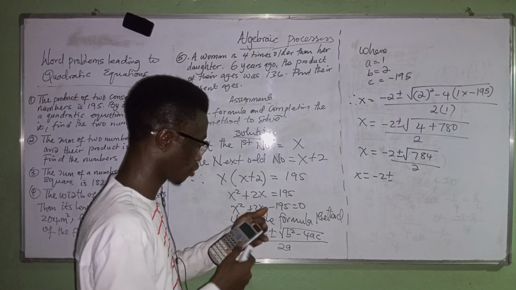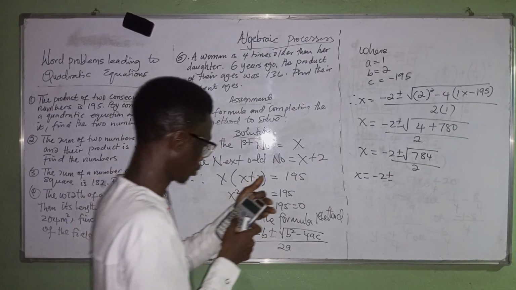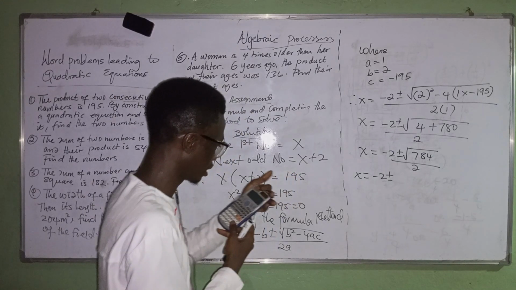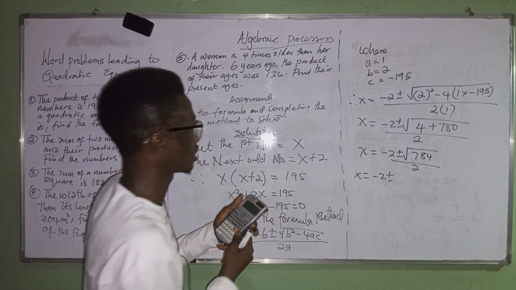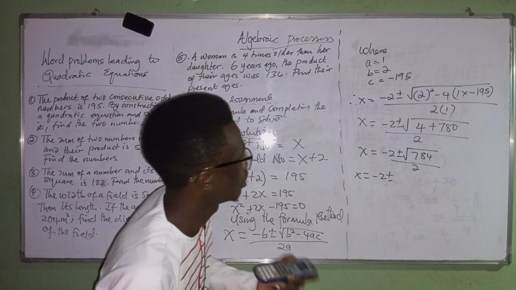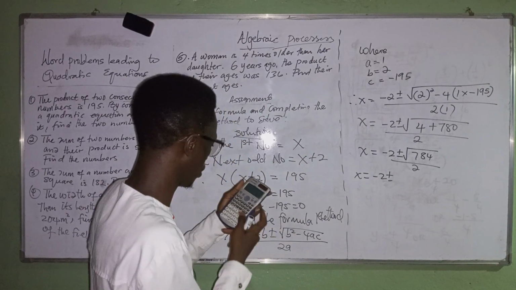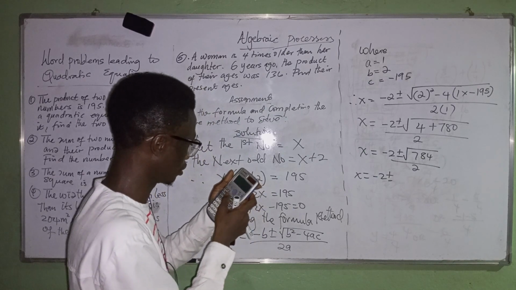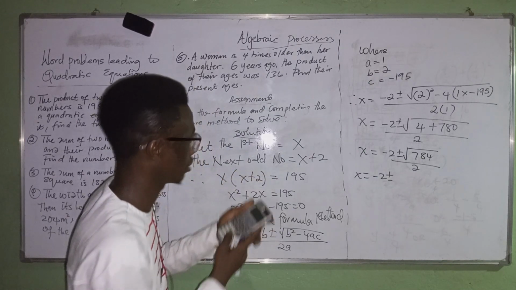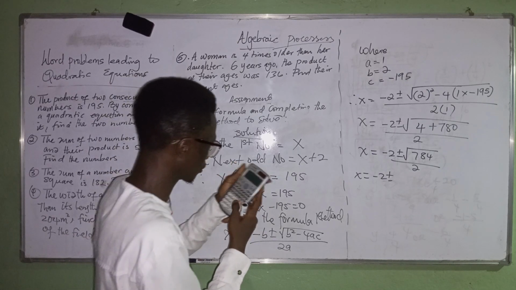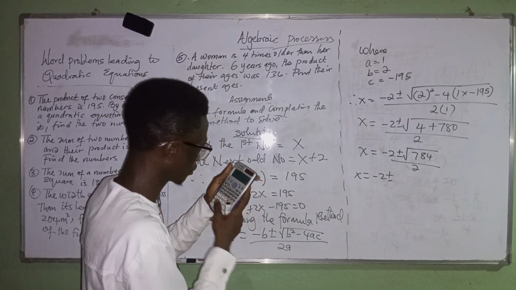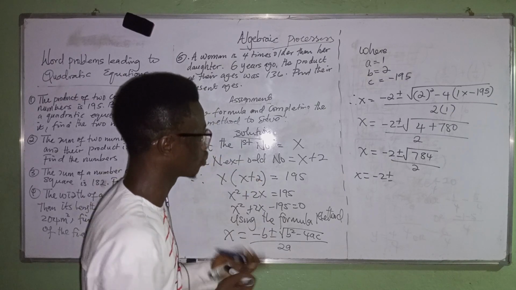So we check for the square root of 784. That gives you 28.